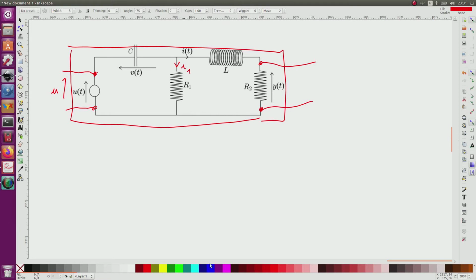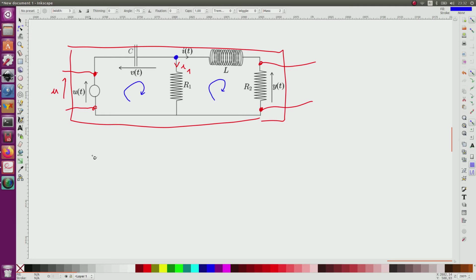So the Kirchhoff rules, we have to take the mesh rule for this loop and also for this loop, and then after we'll use the node rule at this point.